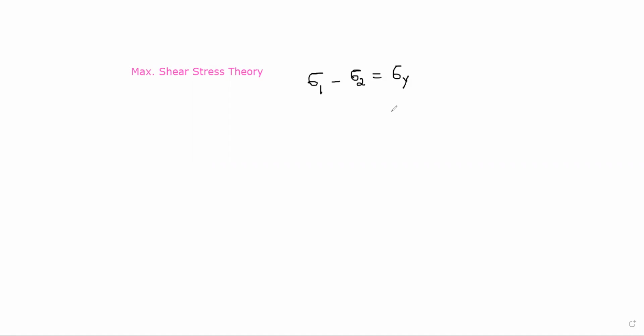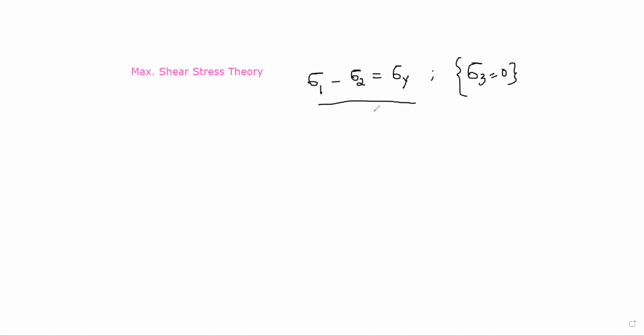Right? Now we assume that there is a two-dimensional state of stress such that sigma 3 is equal to 0. There is no state of stress along the z-axis. There's a plane stress. We are in a two-dimensional plane. Fine. So if this condition is met by a machine element, if this stress distribution is attained, then the machine element is going to fail.